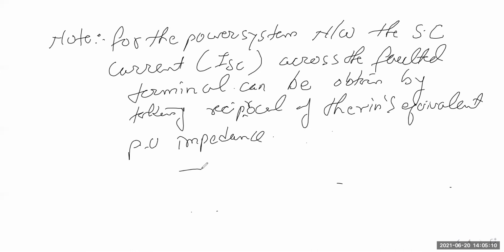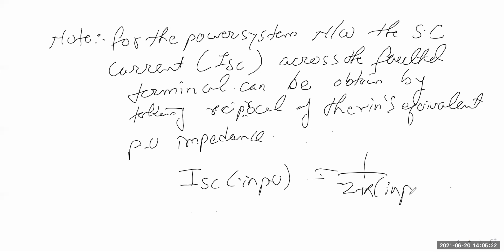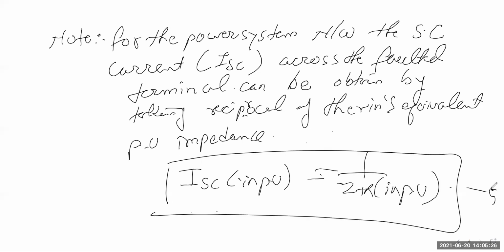So it means that what we have written earlier in per unit would equal 1 by ZTH in per unit. This is what is being stated, and this could be written as equation 5.